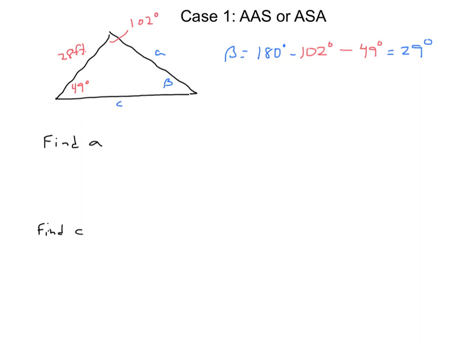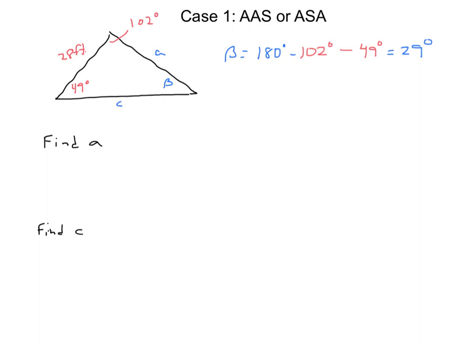We'll start out with finding side A. The first thing I'm going to do is set up the proportion I want to use to solve this. I'm going to use that version that I told you I'll use sometimes. It's not necessarily in the book: A over the sine of alpha equals B over the sine of beta equals C over the sine of gamma.